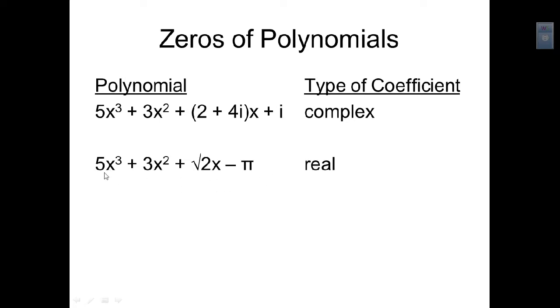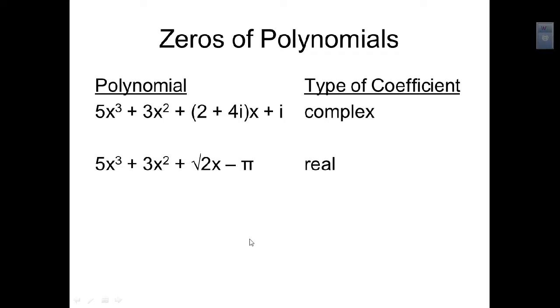Well, this one is a polynomial. x to the third, x squared, x to the first, x to the 0. We don't have any square roots of x or anything like that. This is just the square root of 2. So that's okay. And all these coefficients are within the real number system.